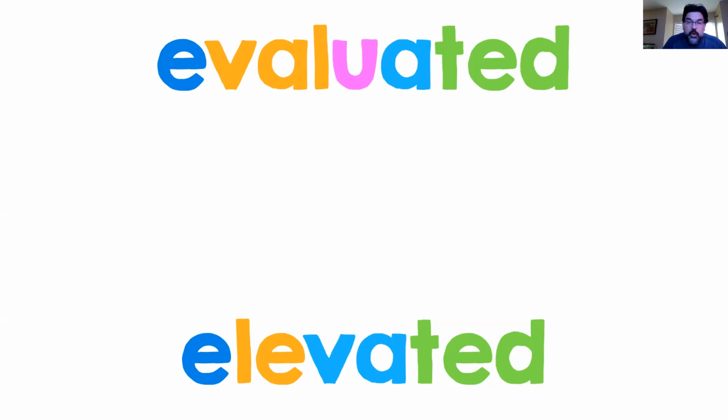There's that hard U. Then we've got the A, TED, evaluated. Down below, should it be a short or long E? We're going to say elevated. Okay, and here are the root words to those. Up top is the root word evaluate and the root word elevate.